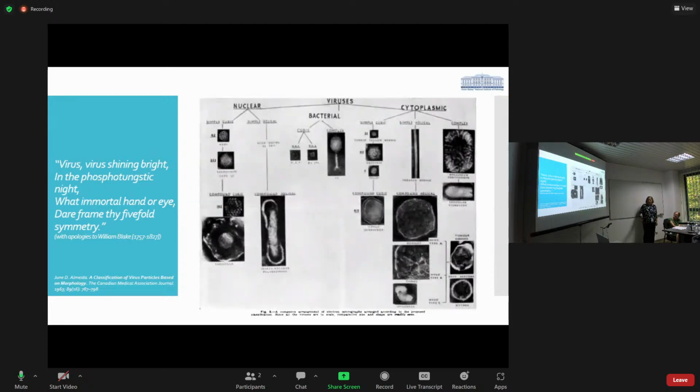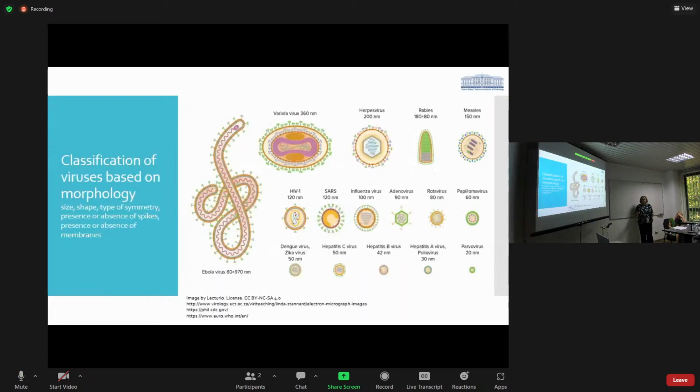But she also tried to classify the viruses according to their location in the cell, in the nucleus or in the cytoplasm, according to their size or their morphology. And this classification is still in use today.